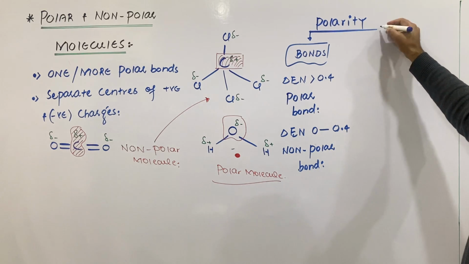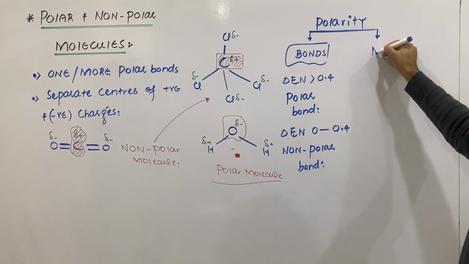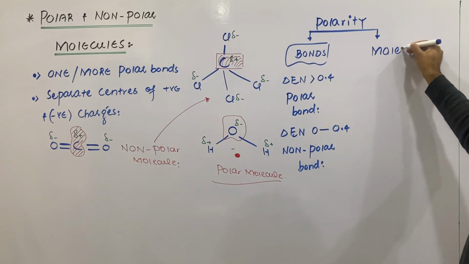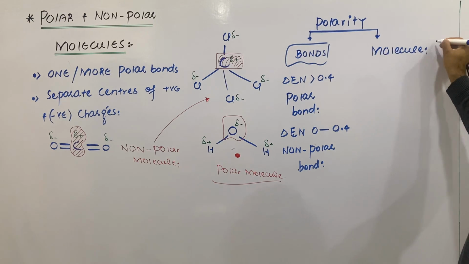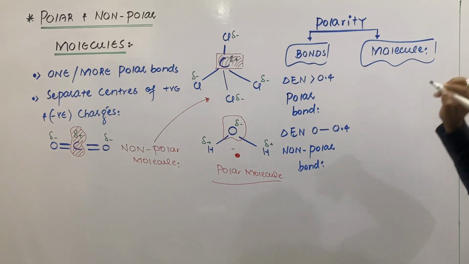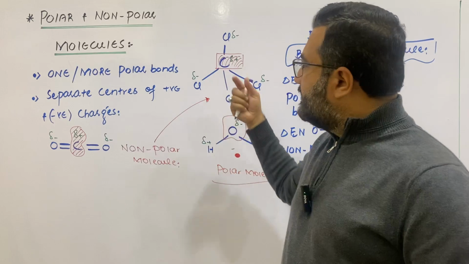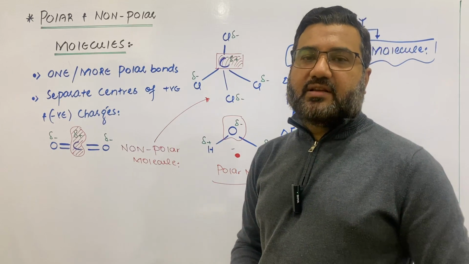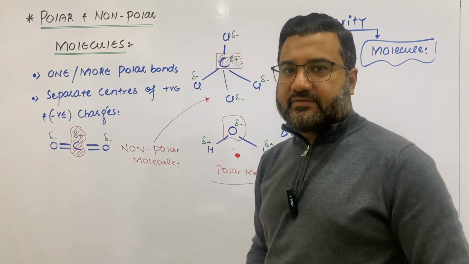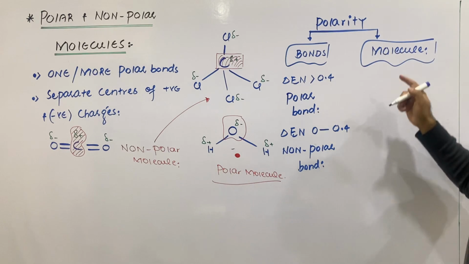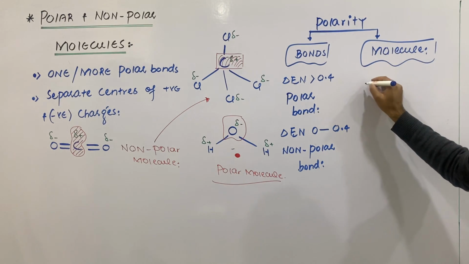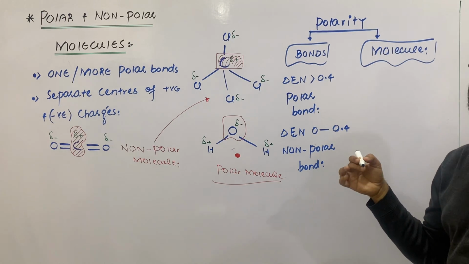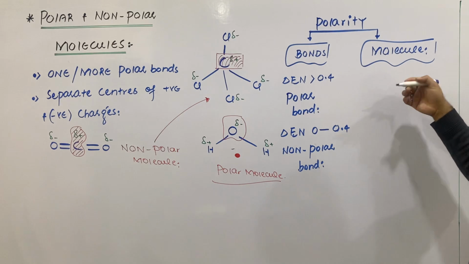But as far as the polarity of a molecule is concerned, that is different, because a molecule, even though having polar bonds, can be non-polar, just like CO2 and CCl4, in the case where the positive and negative charges have the same centers. A polar molecule acts as a tiny magnet, so it has a dipole moment.